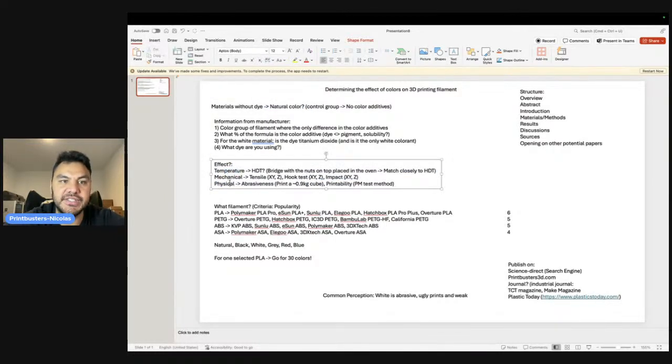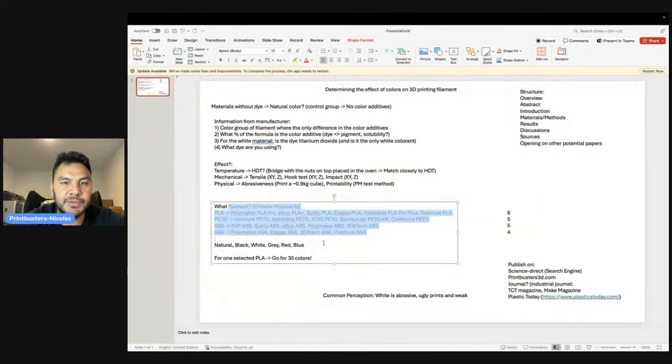Temperature, mechanical, and physical. The idea is to define how the color dye would affect any temperature resistance, mechanical property, or physical property. So that was the idea.